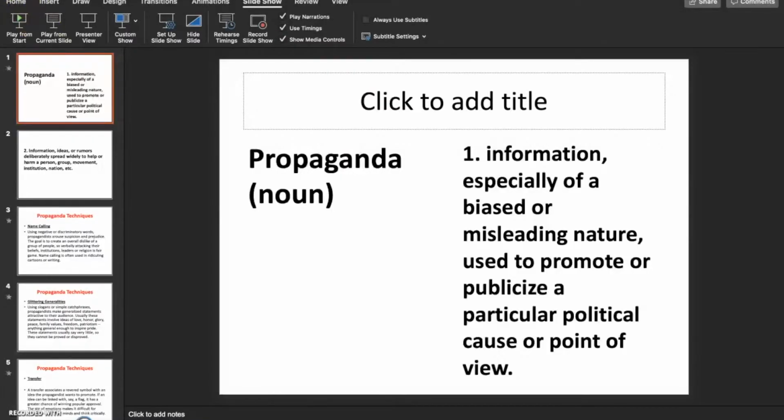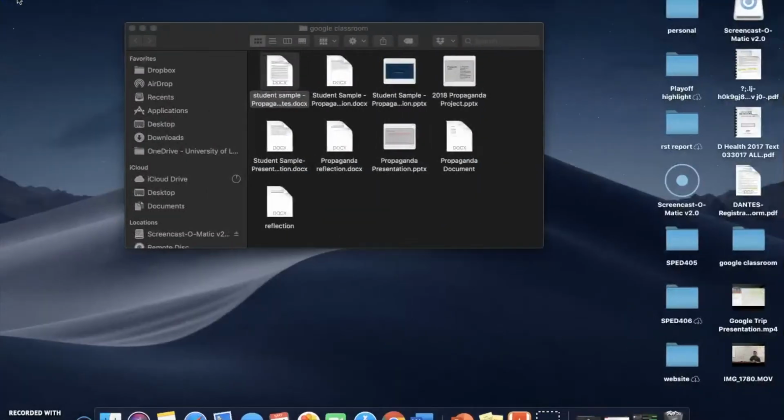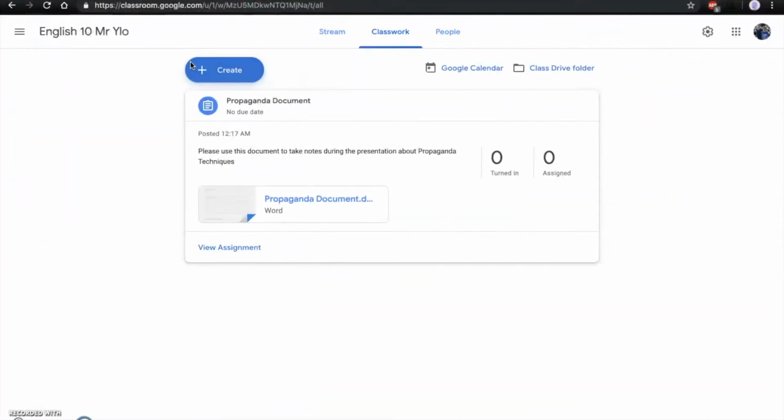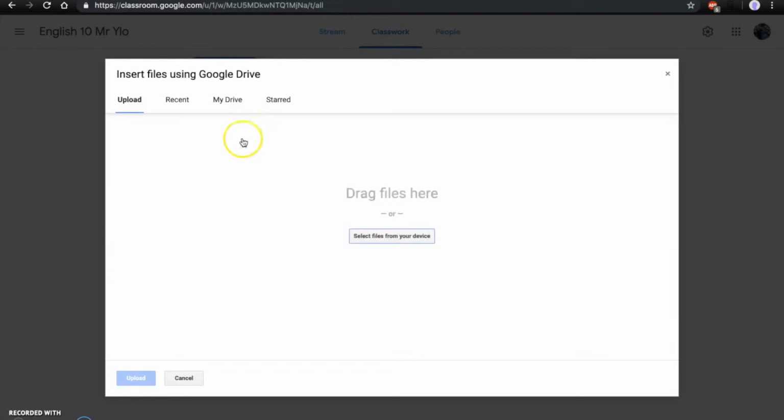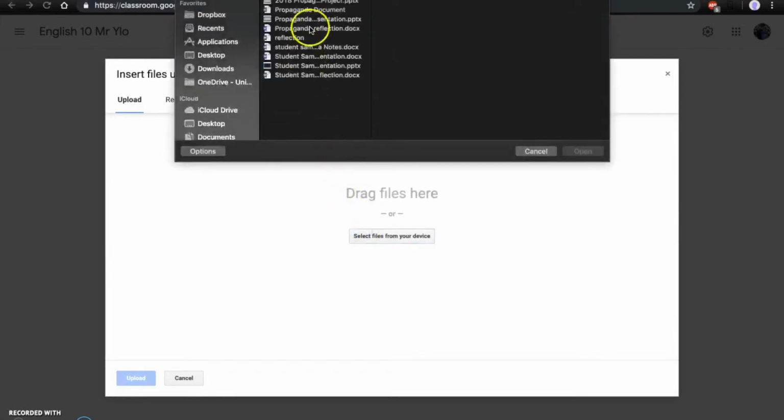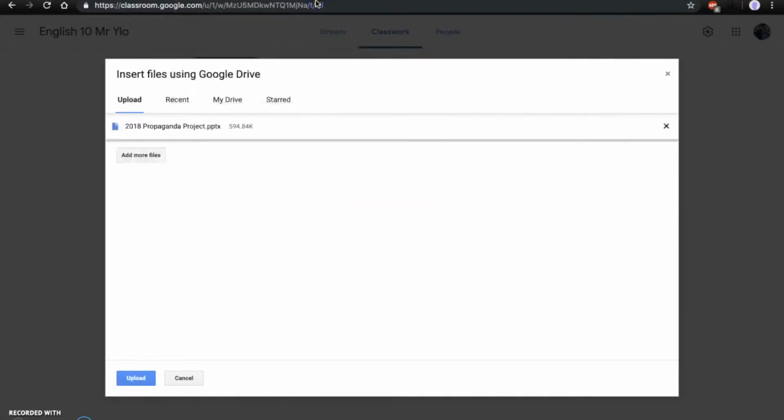So like I said, after the presentation, for the students that were not in class, I will add the notes and mission. And I can add these slides right on there.